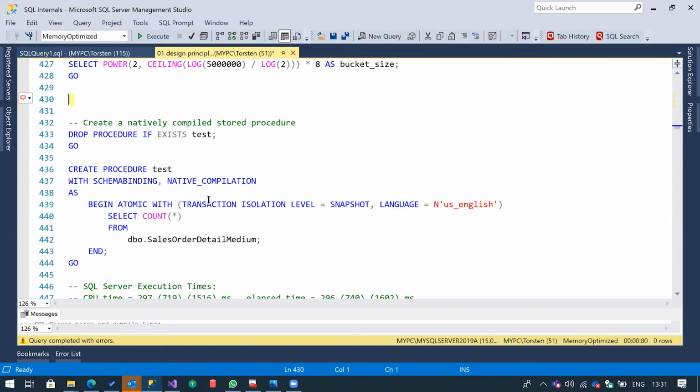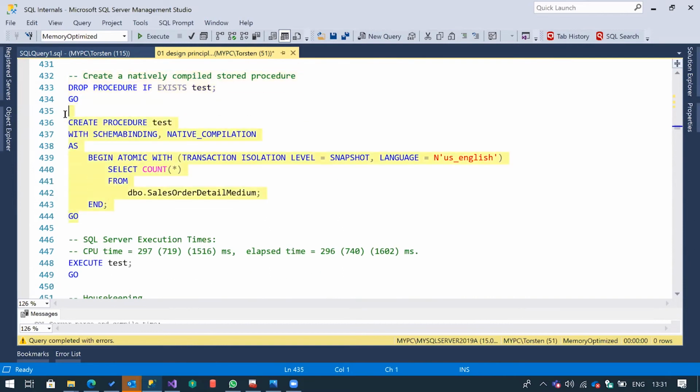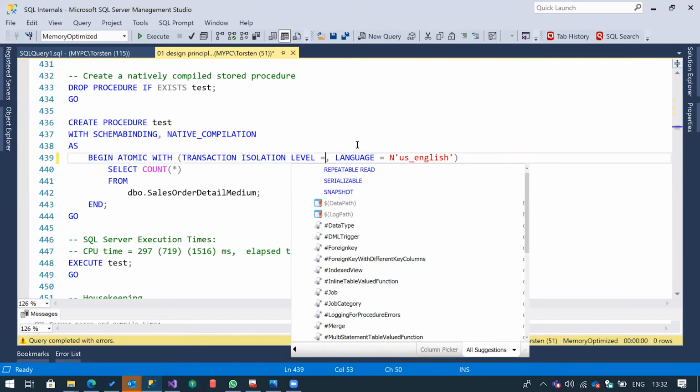Okay, so I can create a natively compiled stored procedure, which is, how can I put it, a template like this. So: create procedure, name the stored procedure, with schema binding, native compilation. And then we have to say as begin atomic with transaction isolation level. We have three of them, as we will see: repeatable read, serializable, and snapshot.